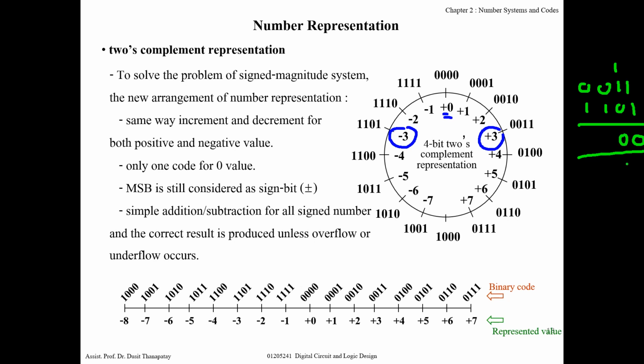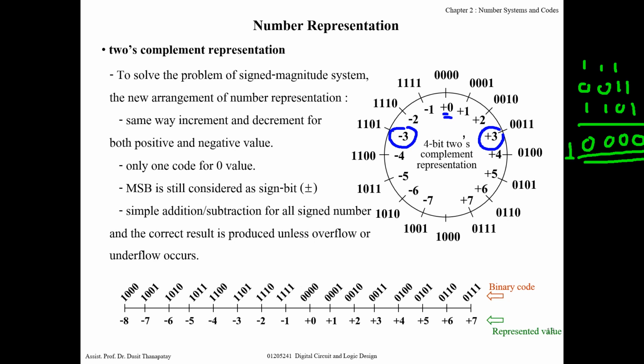But you write 0 and then carry out is 1, right? 0 add 1 is 1, then plus carry is 2, right? But you write 0 and 1 carry out. And then 0 plus 1, 1 is 0, something like this, right?